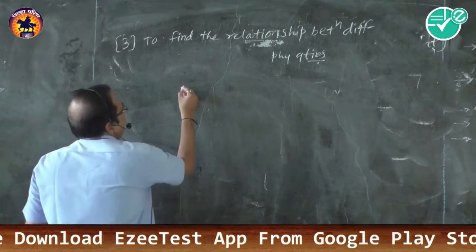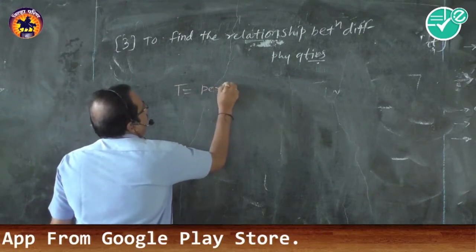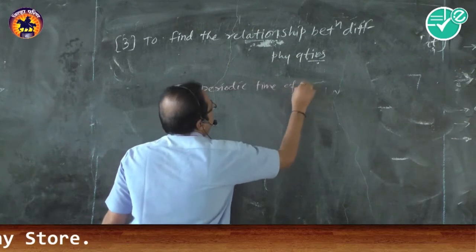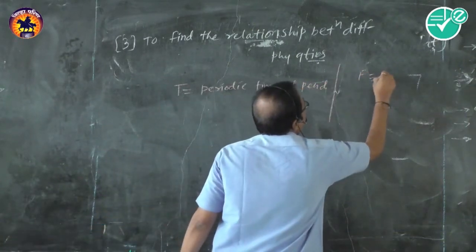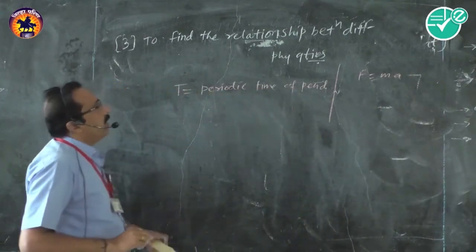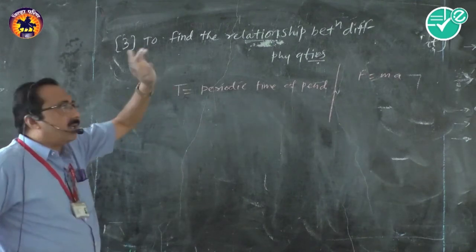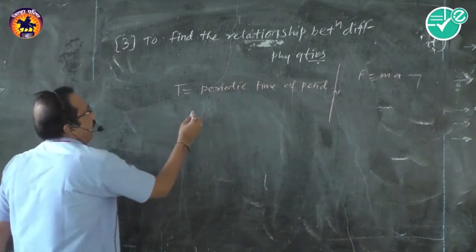Let us suppose that T is the periodic time of the pendulum. Not only this, we can find F is equal to ma or any equation in physics, any fundamental or derived quantities, and we can find the relationship between them using this method.